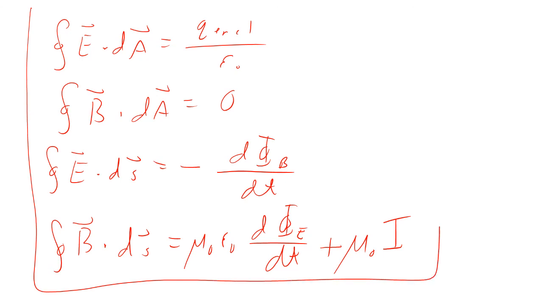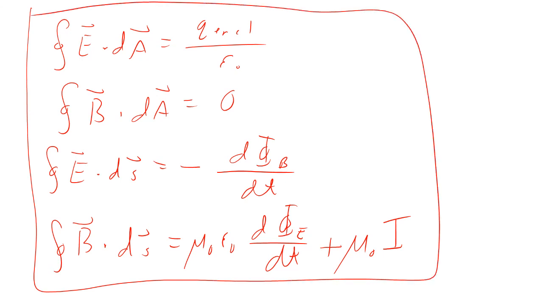Now, these equations collectively we call Maxwell's equations, even though Maxwell did not come up with any of them, and all he did was add one term to an equation that Andre Ampere had come up with.